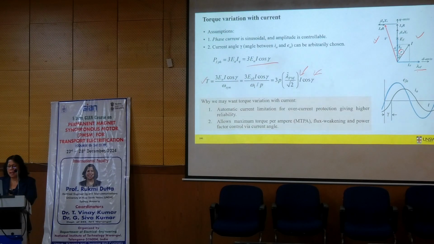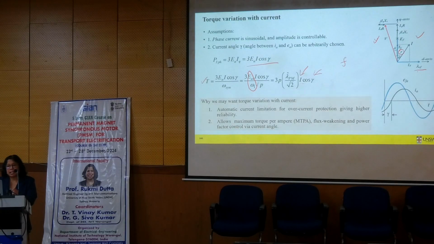Because you can see here in this equation, EA over omega is again a constant, right? So if I change frequency, there's nothing that will change in this torque equation. If I keep current I and cos gamma fixed, I can get the same torque at different speed based on this equation.